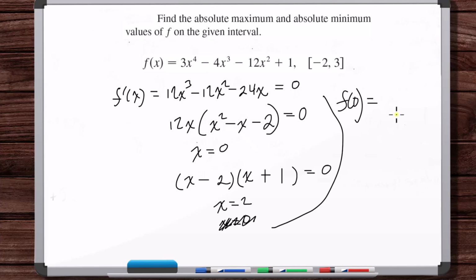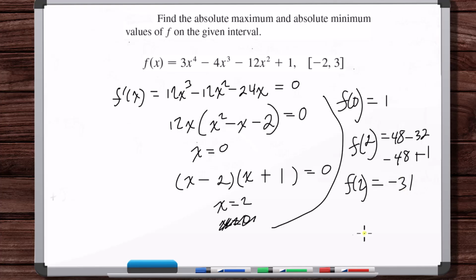So f of 0 is equal to 1. f of 2: 2 to the 4th is 16, 16 times 3 is 48. 2 cubed is 8, 8 times 4 is 32. 2 squared is 4, 12 times 4 is 48, plus 1. So f of 2 is equal to 48 minus 48 is 0, minus 32 plus 1 is minus 31.